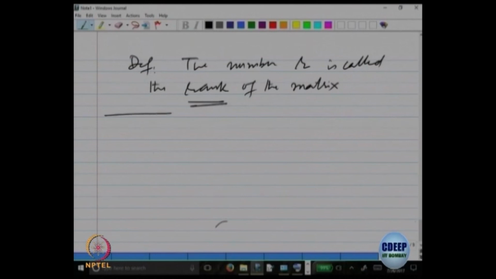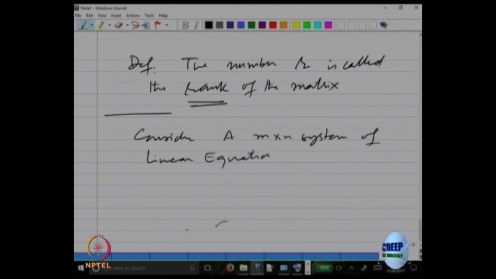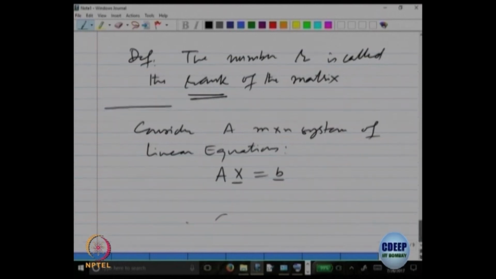So now let us try to apply it to a system of equations. What does it mean in the new terminology? So consider an m cross n system of linear equations, that is A x equal to b. So m equations in n variables, so A is m cross n. What is x?